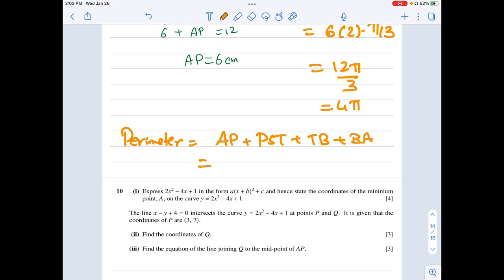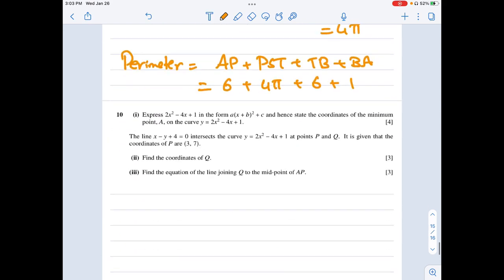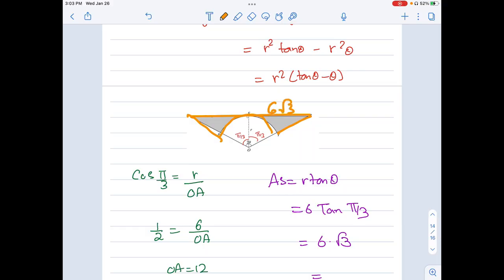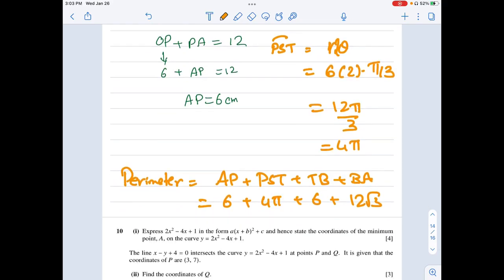So AP is 6, PST is 4 pi, TB is also 6, and AB is 6 root 3 plus 6 root 3, 12 root 3. Why? This part is 6 root 3 and this part is 6 root 3. So simplify further. My final answer will be 12 plus 12 root 3 plus 4 pi. That's going to be the answer.